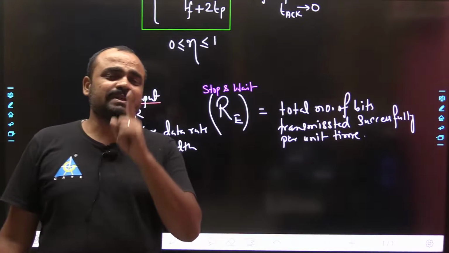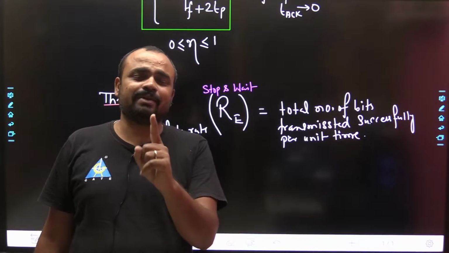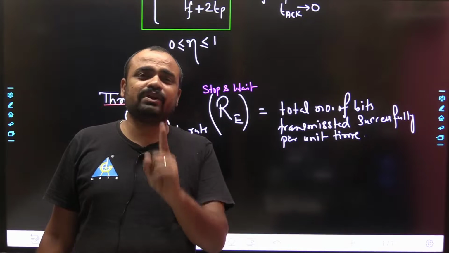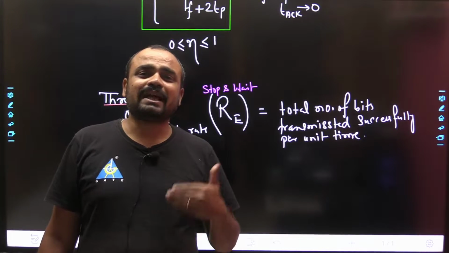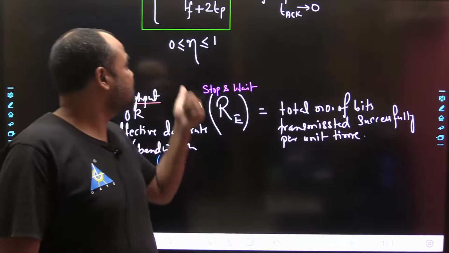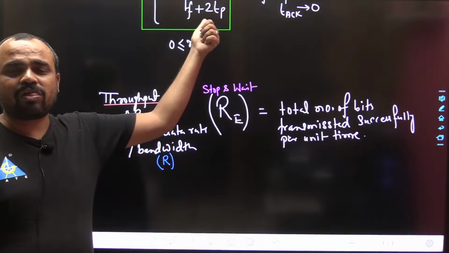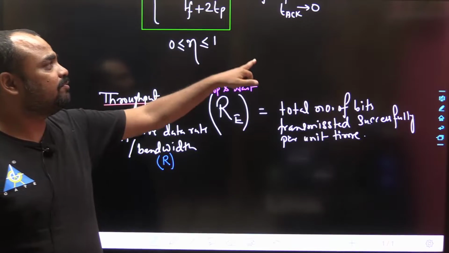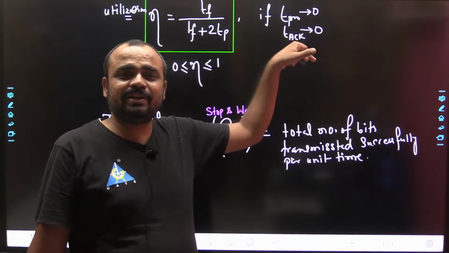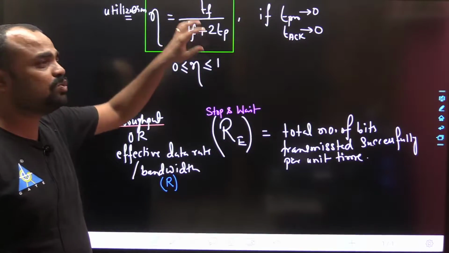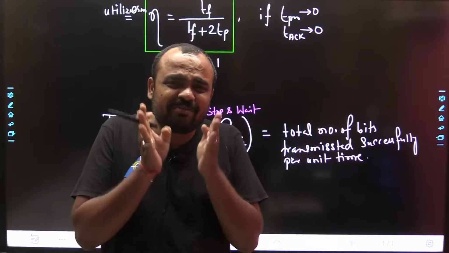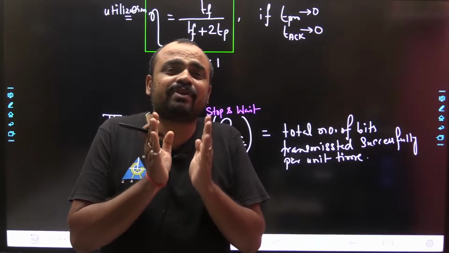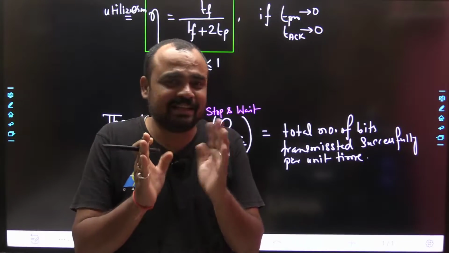So to transmit a single frame successfully, what is the total time taken by the sender? That is TF plus 2TP. If we are ignoring these two parameters, and out of this total time, how many bits are we transmitting? Whatever the size of the frame, and what is the size of frame that we have considered? L bits, yes or no?